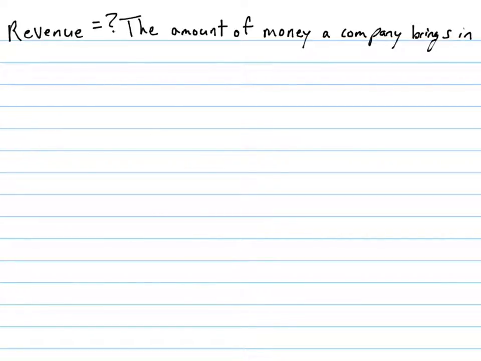They can predict their revenue by taking the cost of the product they're trying to sell and multiplying it by the number that they're expecting to sell, all right? So revenue, we're going to let R equal revenue. So R equals revenue.